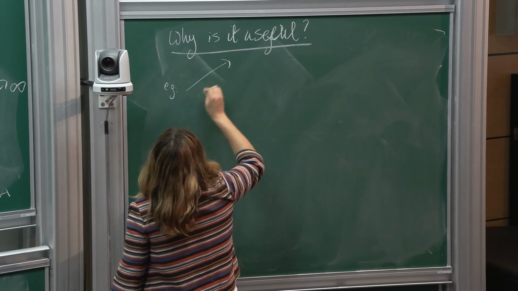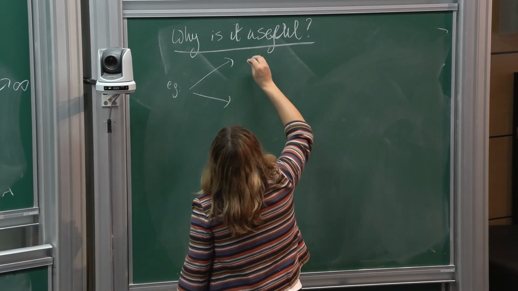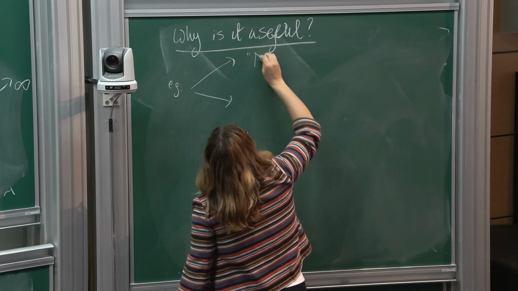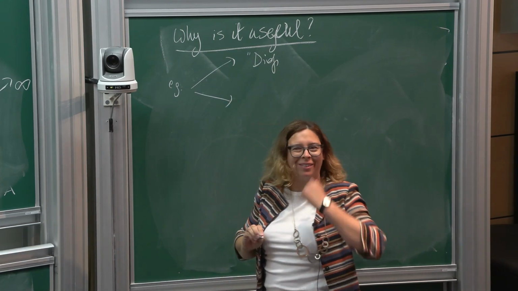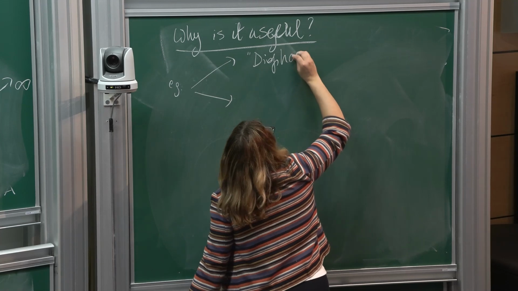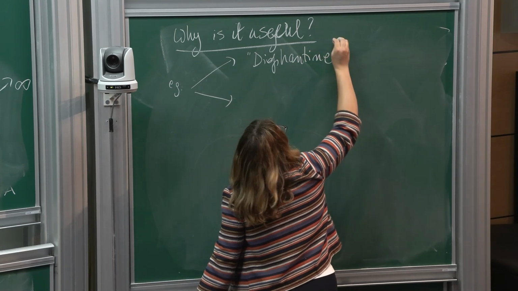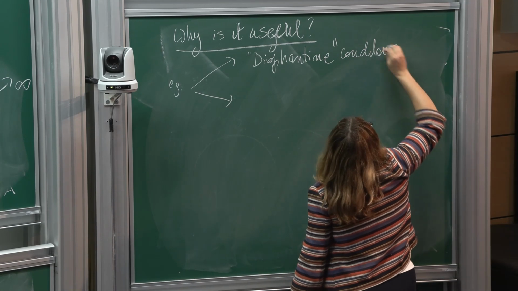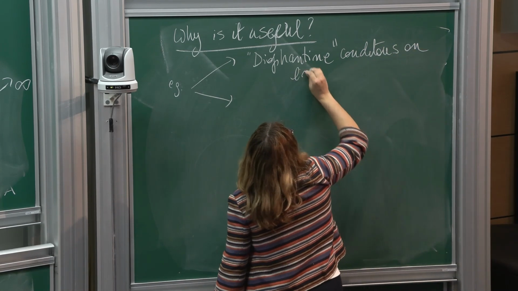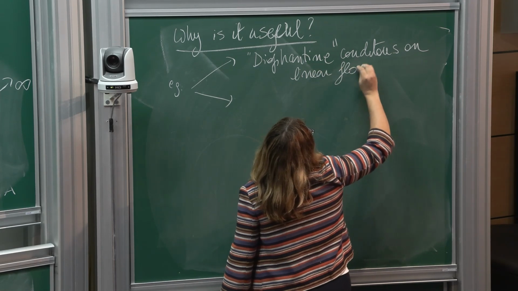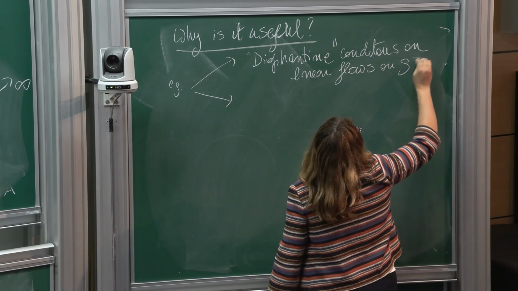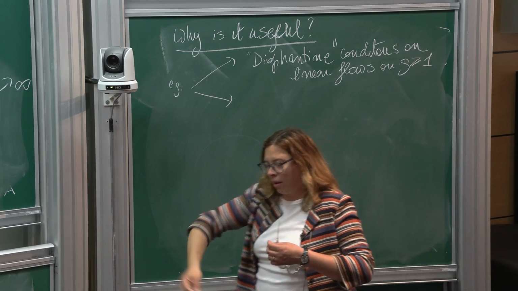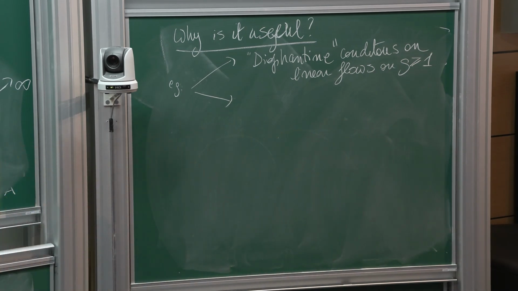One thing that I don't want to talk about, but I will just say it now. Because we have someone who works on Diophantine approximation in the audience, let me say that it's useful to put something like Diophantine conditions on linear flows in higher genus. So in genus 1, if you have a flow which is not periodic, you can ask how well approximated trajectories are by closed orbits.